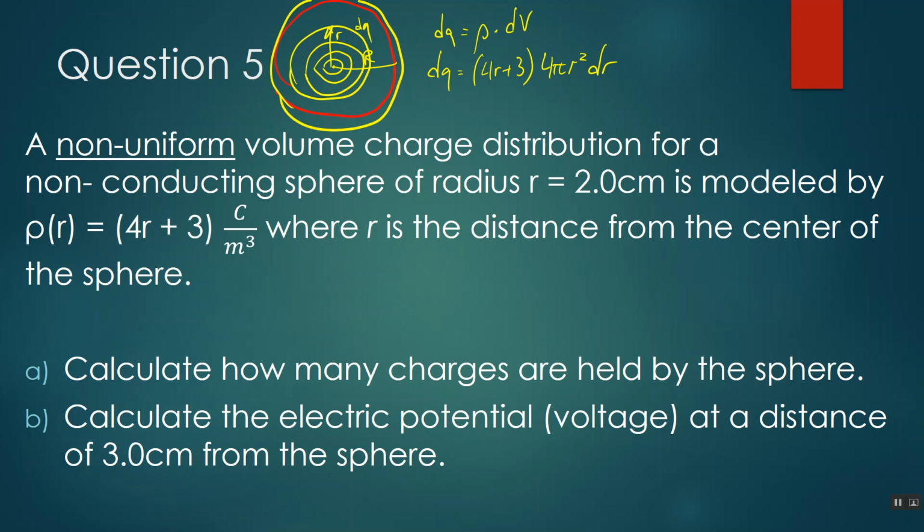So now if I want the full charge, Q, I can do the integral of that from the center, which is a radius of 0, to the edge, which is a radius of 2 centimeters, of all that, which is, I'm going to take out the constants, 4 pi. I'm going to distribute the r squared, so it's going to be 4 r cubed plus 3 r squared dr. And that's a pretty straightforward integral.